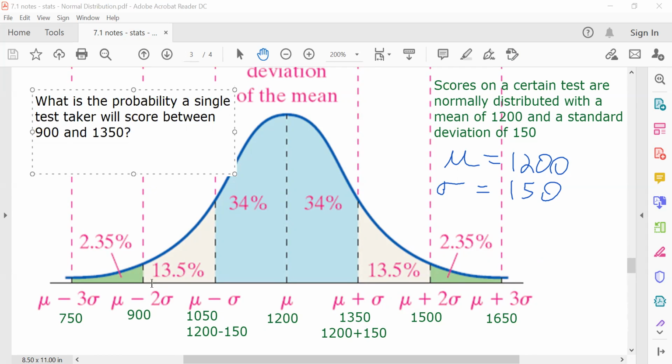Here's the 900, so we'd have to add the 13.5% plus this 34% here plus this 34% here. Because 900 to 1350 has these three segments under the curve. And so that'll be what, 81.5%, something like that. So there's an 81.5% chance a test taker will score between 900 and 1350.